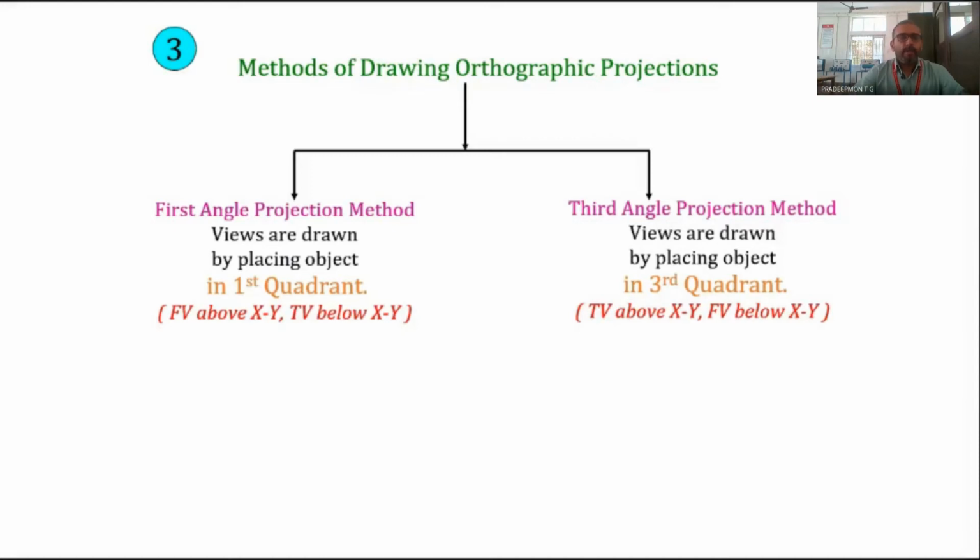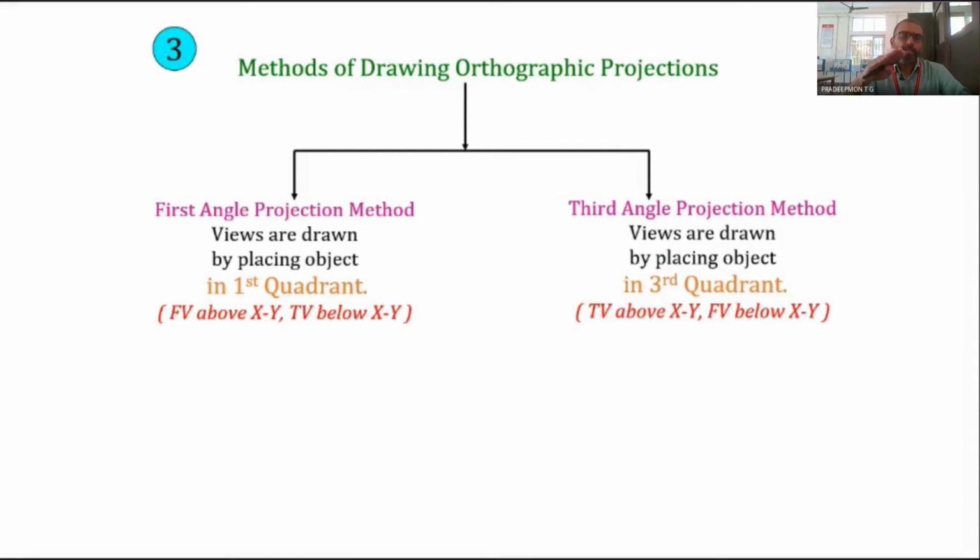Then why are we not going for the second angle projection as well as the fourth angle projection? In the second angle projection, the problem is that we are placing the object in the second quadrant. The second quadrant is behind VP and above HP. Above HP means the front view will be above the XY line.